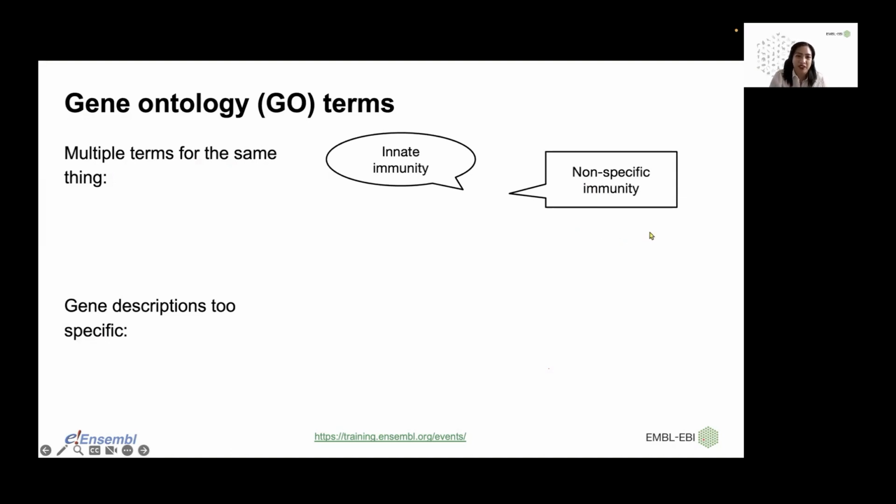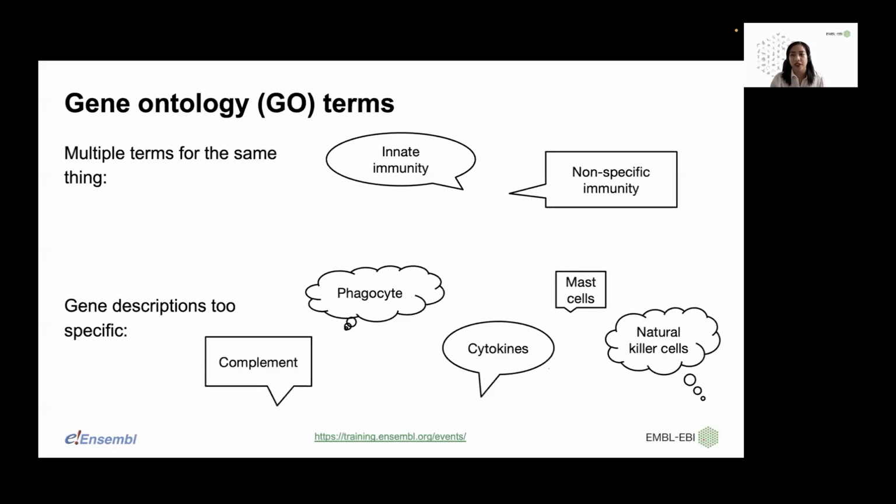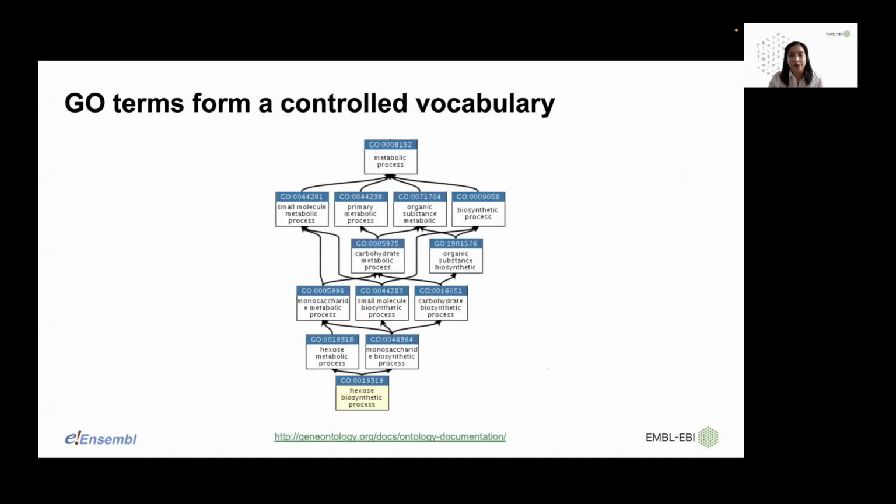But we both know that we're talking about the same thing, innate immunity. To tackle this, and to make sure that we are talking about the same thing, the scientific community have come up with GO terms, gene ontology terms, which are a standardized way of describing a gene function, to make sure that we are talking about the same function.